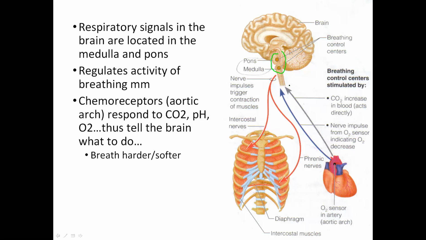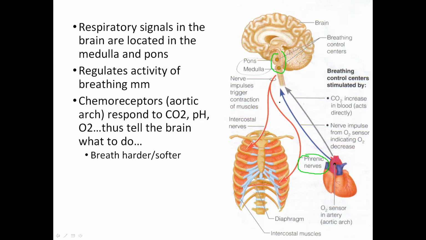And then you have cranial nerve 10, which is the vagus nerve. And then you also have the phrenic nerve. Okay, so the phrenic nerve is from your neck, C3, C4, C5, and the vagus nerve comes out of the brainstem itself. Okay, keep in mind, all those cranial nerves, cranial nerve 1 through 12, come out of the brainstem.